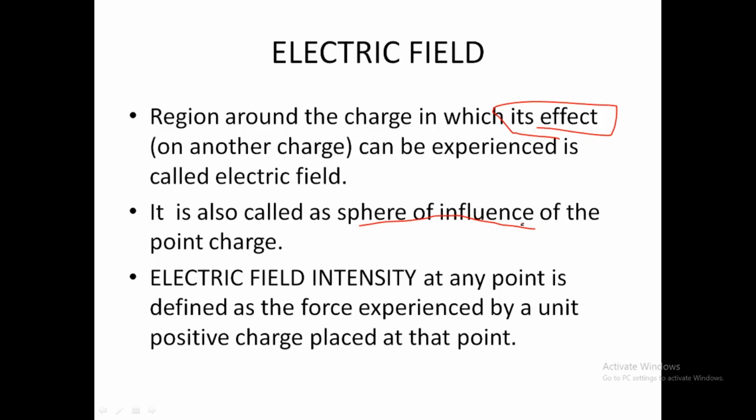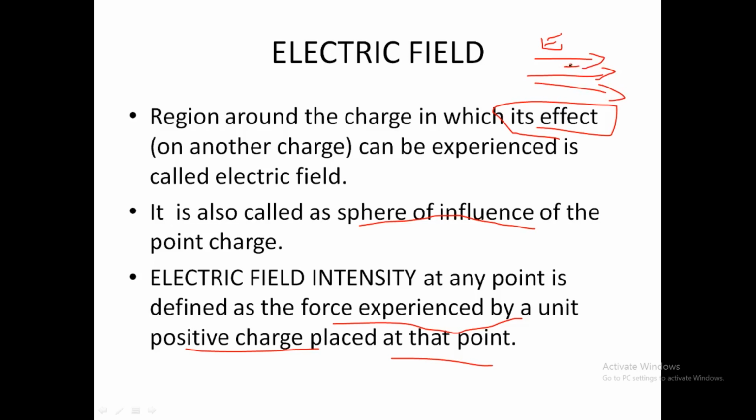or electric field. Next one is electric field intensity. Electric field intensity at a point is defined as the force experienced by a unit positive charge placed at that point. So let there be an electric field E. We are placing a positive charge Q here.